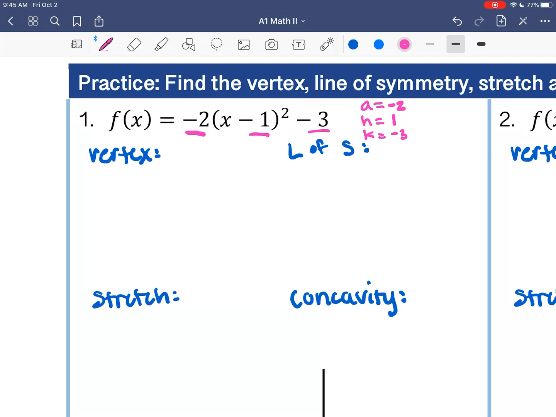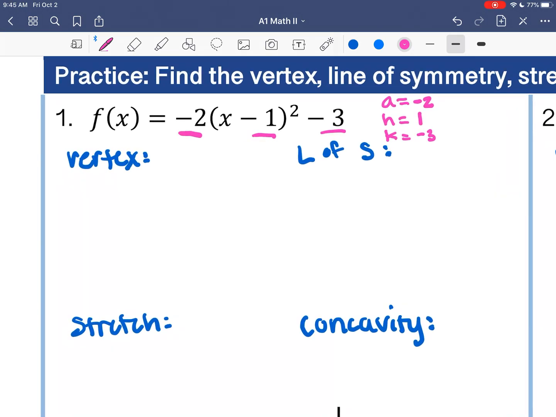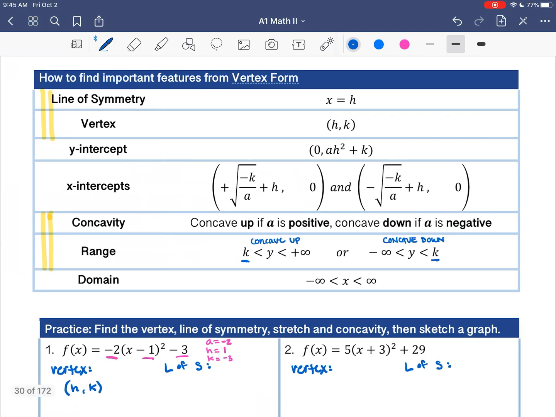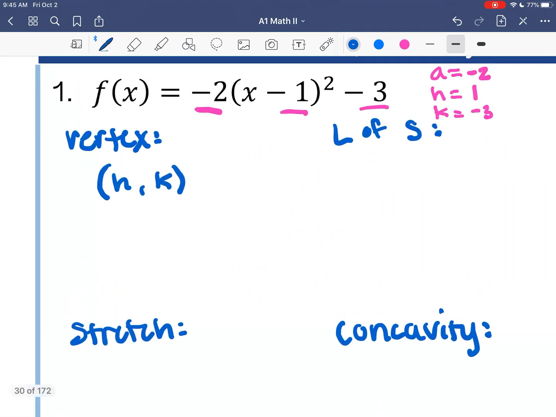So A is negative 2, H is 1, K is negative 3. So the vertex is just H comma K. That's what our formula says, just H comma K. So our H is 1, our K is negative 3, and that's it. Remember that this is the same sign. Nope, that's opposite sign, sorry. Opposite sign.